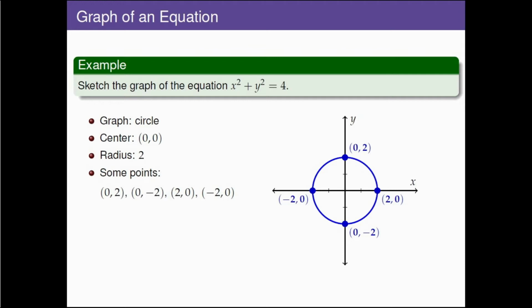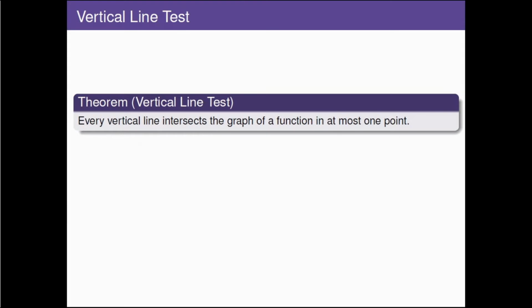From the graph of an equation, we can tell if y is a function of x. We use the vertical line test. Every vertical line intersects the graph of a function in at most one point.